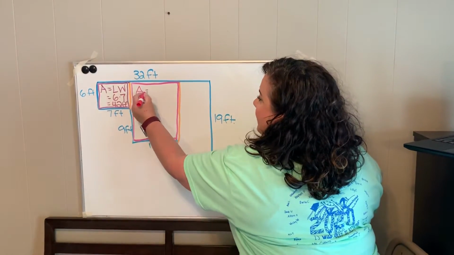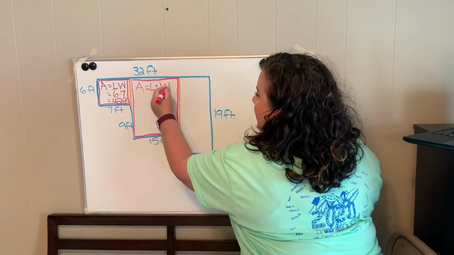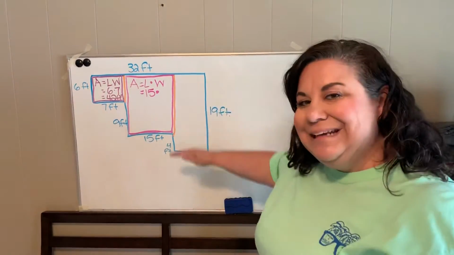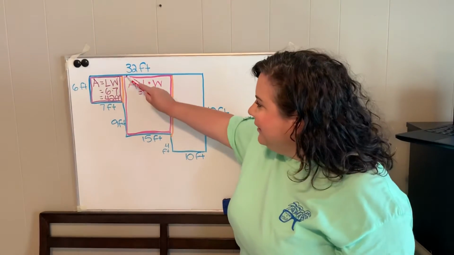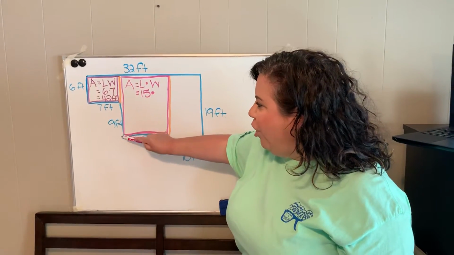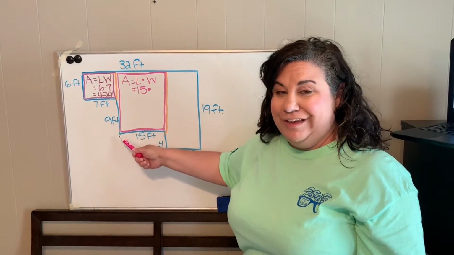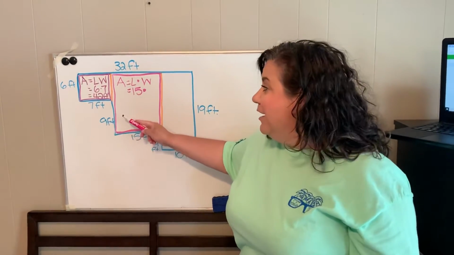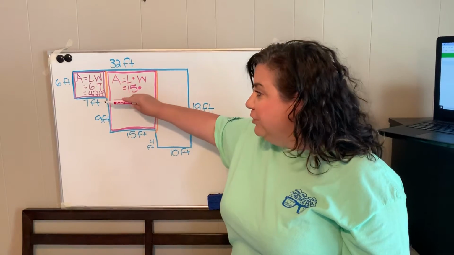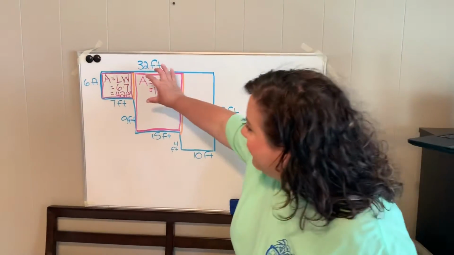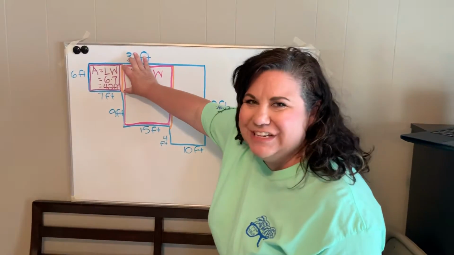So again, area equals length times width. So I'm going to do 15 times, I need the other side. I need the length from here all the way to here. Does that mean that it's only 9 feet? No, because 9 feet only goes from here to here. That means I've got to figure out what's the distance from here to here.